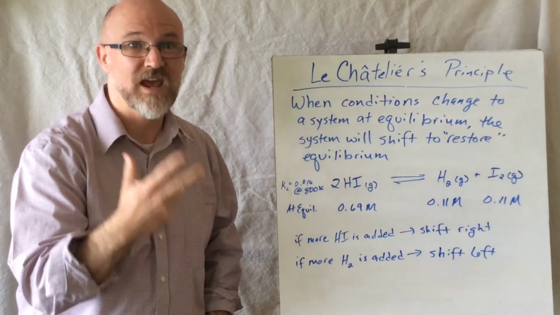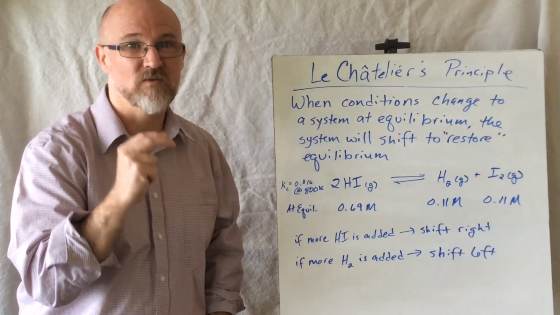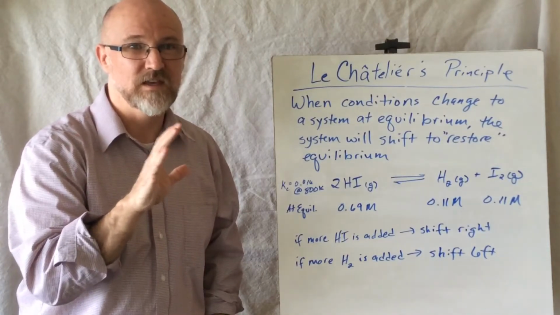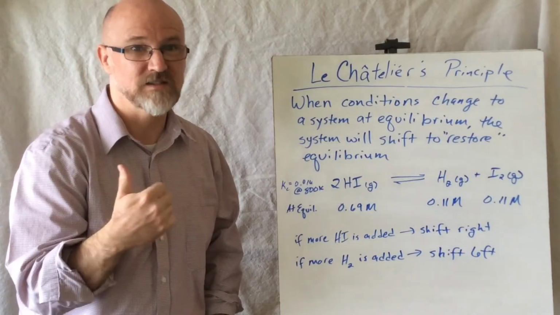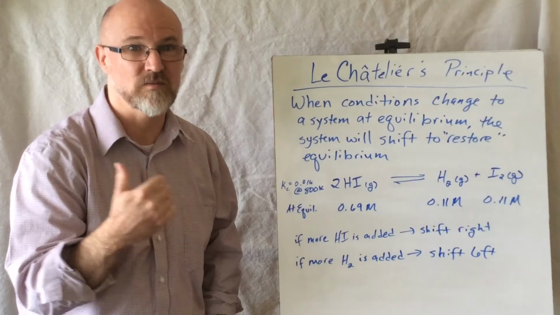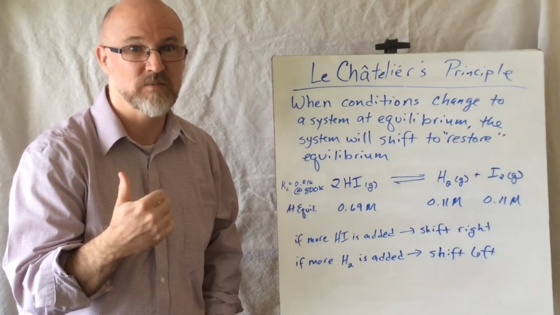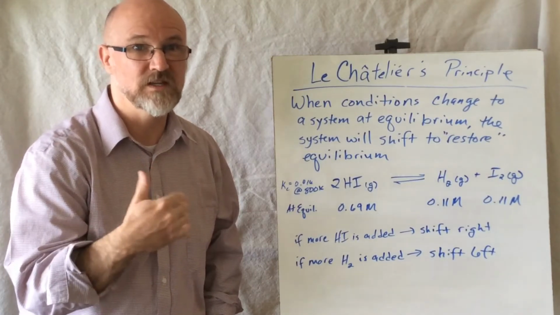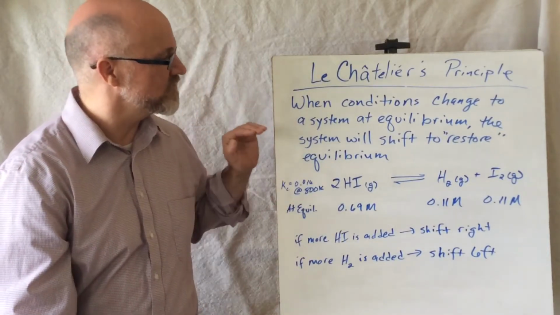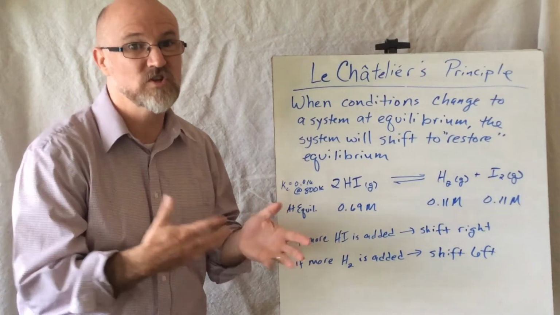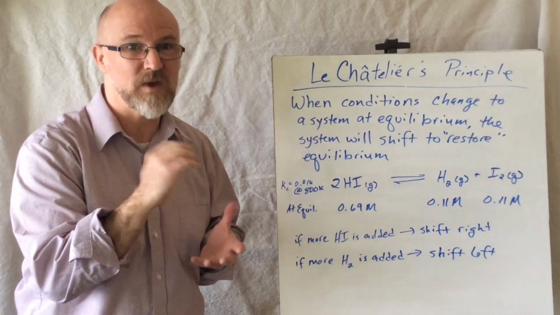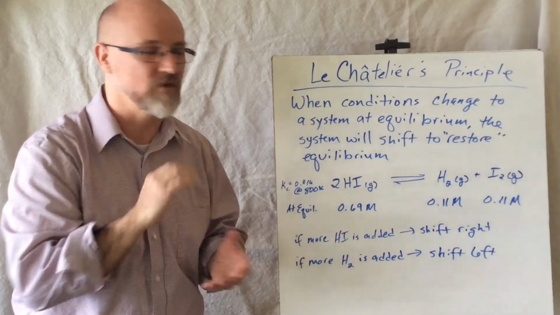If I change the temperature, especially if it's a reaction that is strongly exothermic or endothermic, but even if it's not very strongly either way, if it has any sort of thermal component in terms of being exothermic or endothermic, it's going to be sensitive to temperature as well. And so we're going to look at each of those situations. So when the conditions change, the system shifts to restore or to find a new balance point so that it gets back to that proportionality of product to reactant.